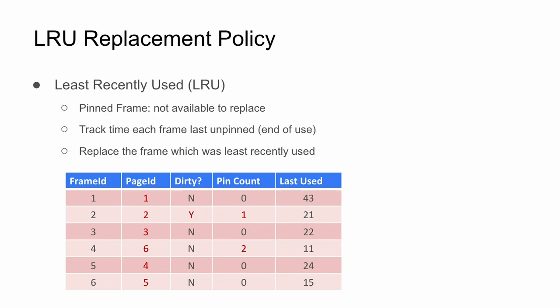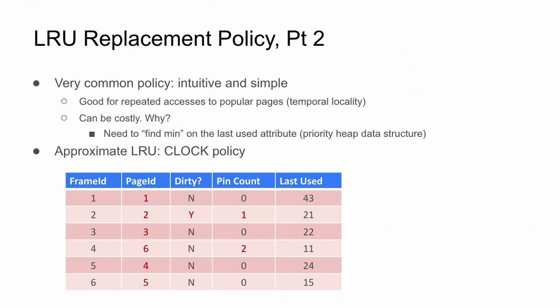You're going to replace the frame which was least recently accessed, least recently used. That's what LRU is all about. It's as simple as the name makes it sound. So really, truly don't overthink it. It is exactly what the name makes it sound.